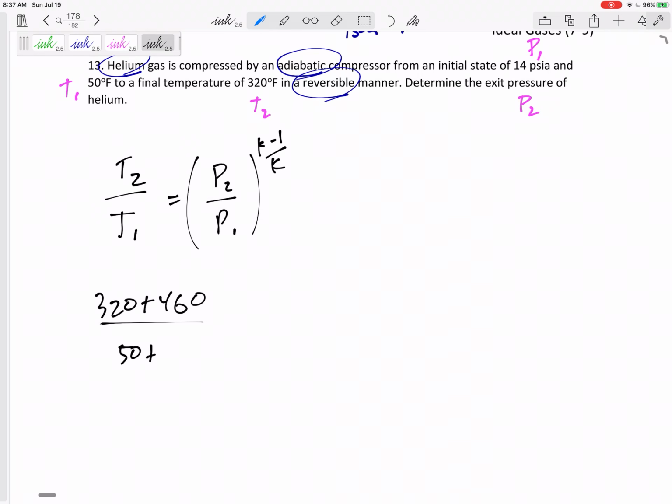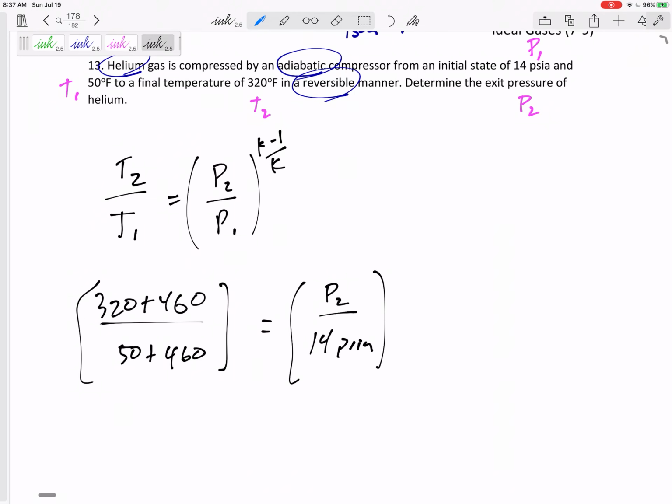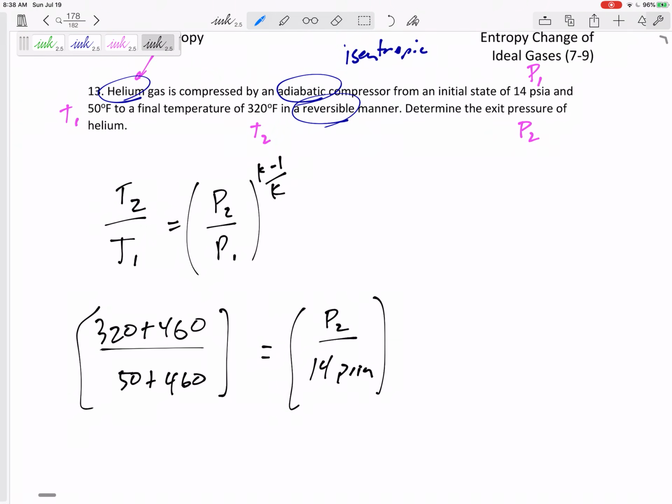T1 is 50 plus 460, equals P2 over 14 psia raised to the K. What is K for helium? K for helium is 1.667. So this would be 0.667 over 1.667.